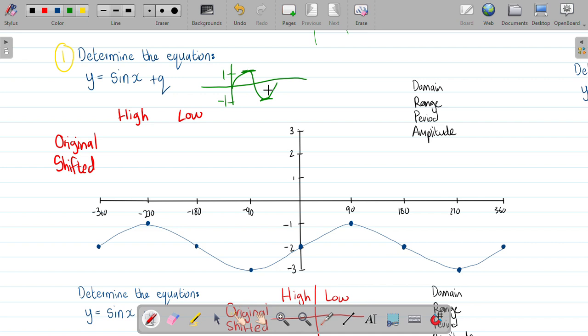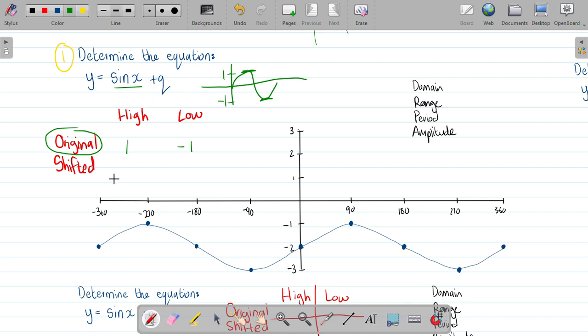So now what you do, guys, is you say, okay, in my original standard graph, without it being affected by anything, in brackets q, we know that my high point is 1, and we know that my lowest point is -1 in the original untouched, just normal sine graph.